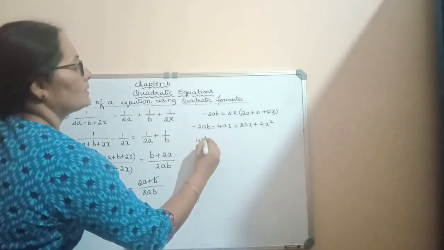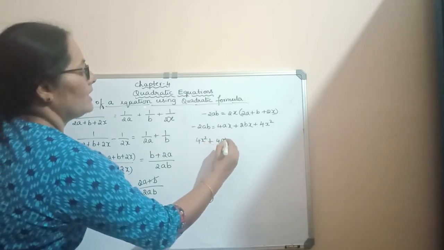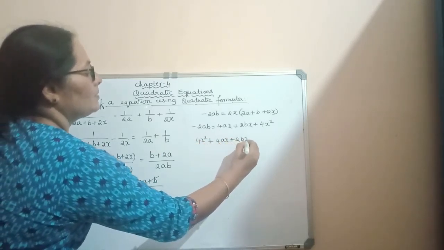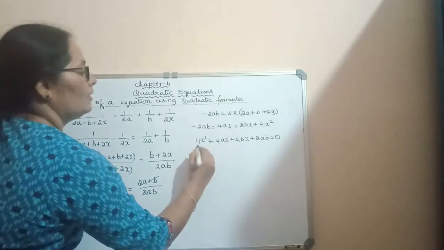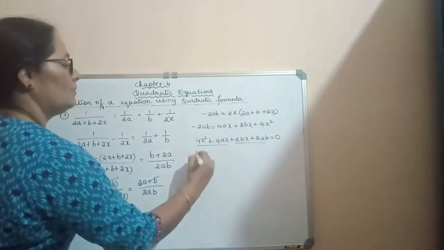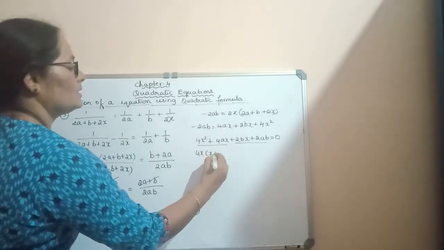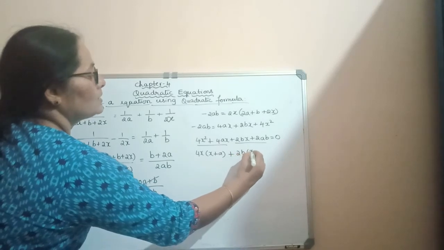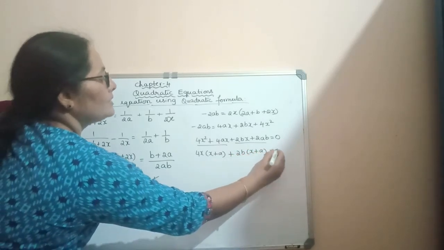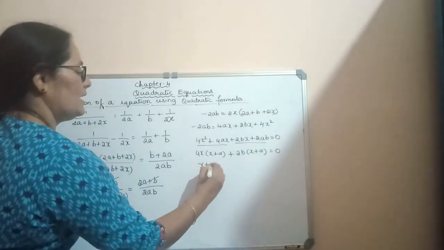So 4x square plus 4ax plus 2bx plus 2ab equals to 0. Now take common factor here. 4x common. So x plus a. And here 2b is common. So x plus a equals to 0.